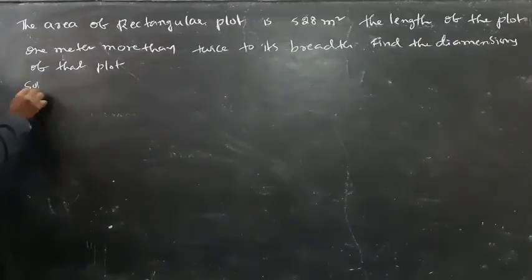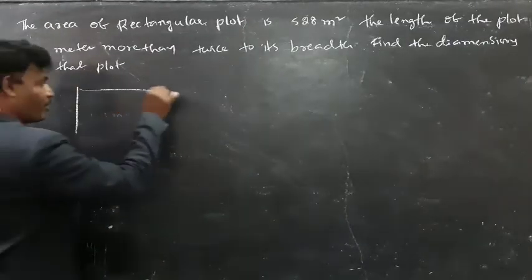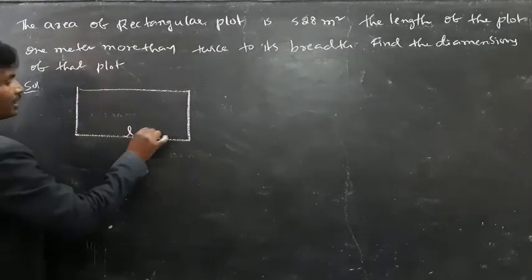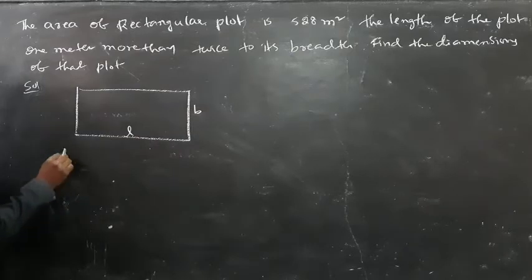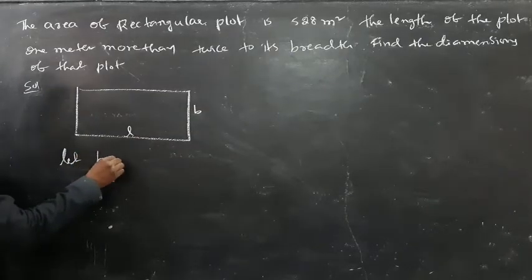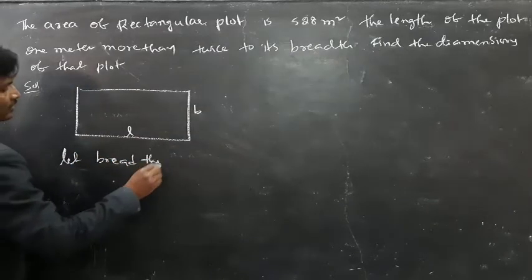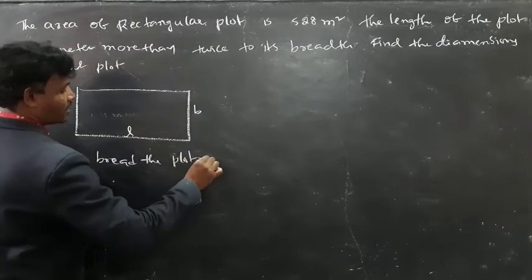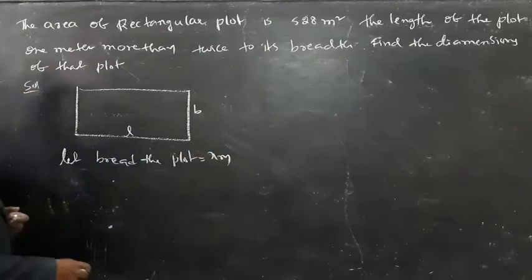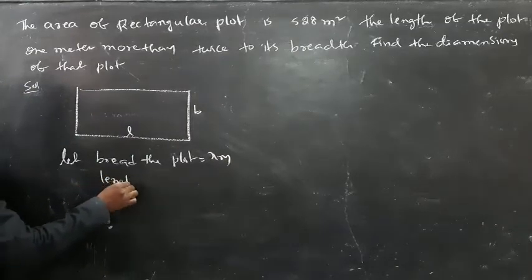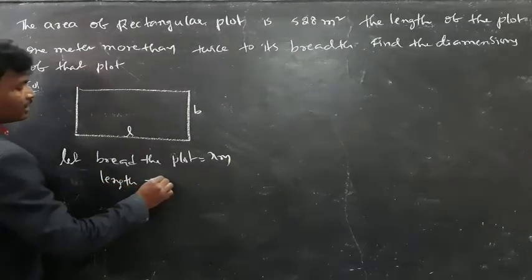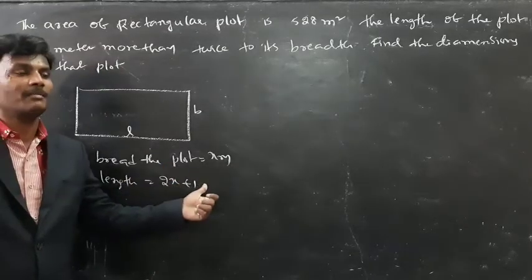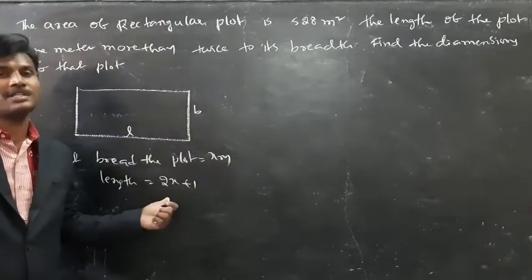Solution: Here one plot is in the shape of a rectangle. I don't know the length and also I don't know the breadth. Let the breadth of the plot be x meters. Then the length is 2x plus 1, because the length is 1 meter more than twice its breadth.